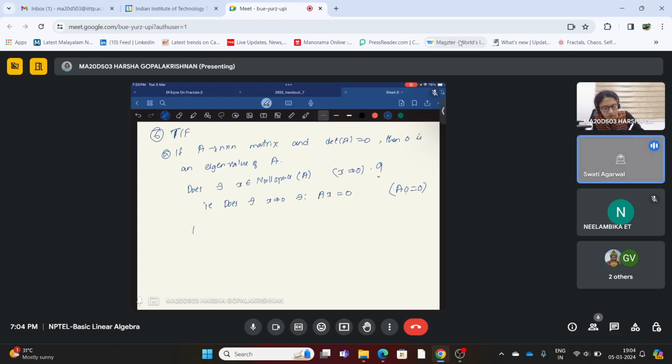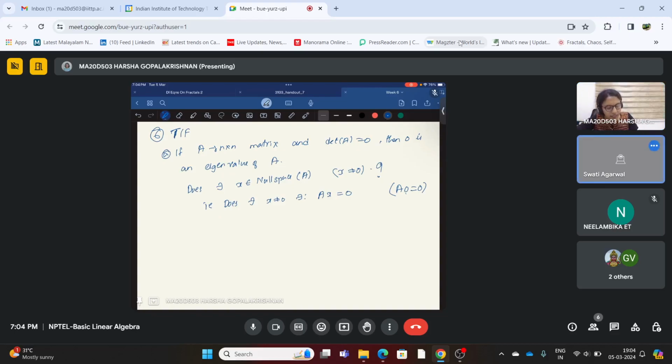If determinant of A is 0, it means it is not invertible. So if Ax is equal to 0 and determinant of A is 0, that means A is not invertible, so X can be non-zero. There exists a non-zero X, correct?